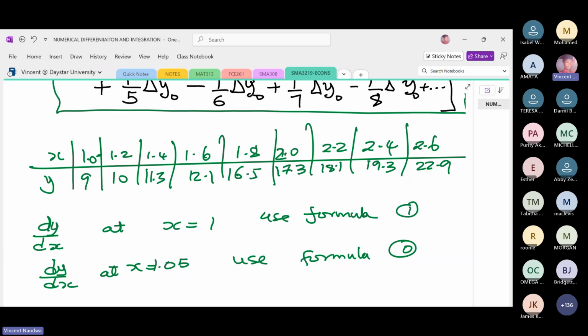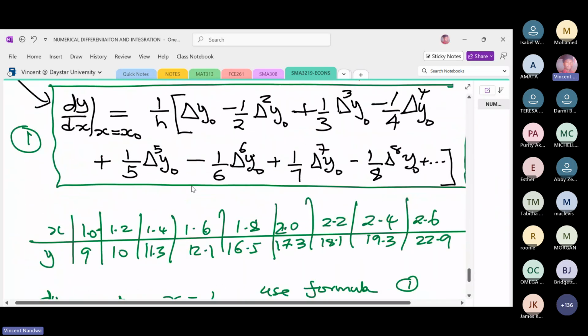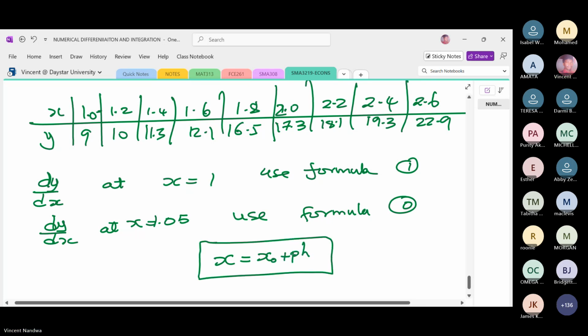So now we'll use this formula 0 by remembering that x is given by x0 plus ph. And in our case, if this is the table that is being given, what is the value of h? The spacing between values of x following each other? 0.2. 0.2.